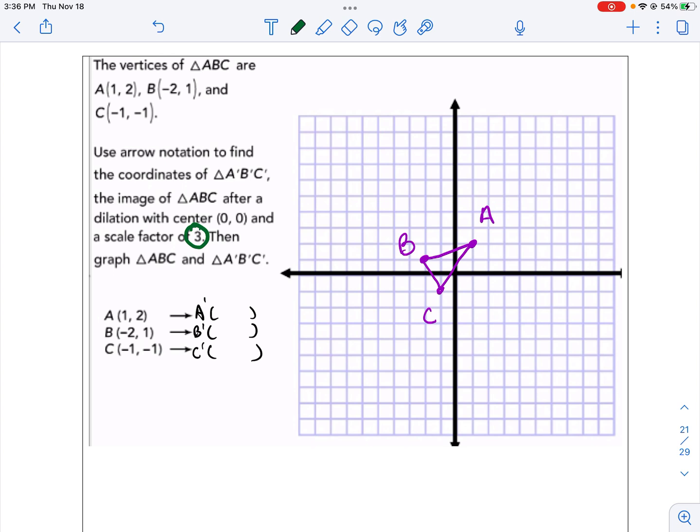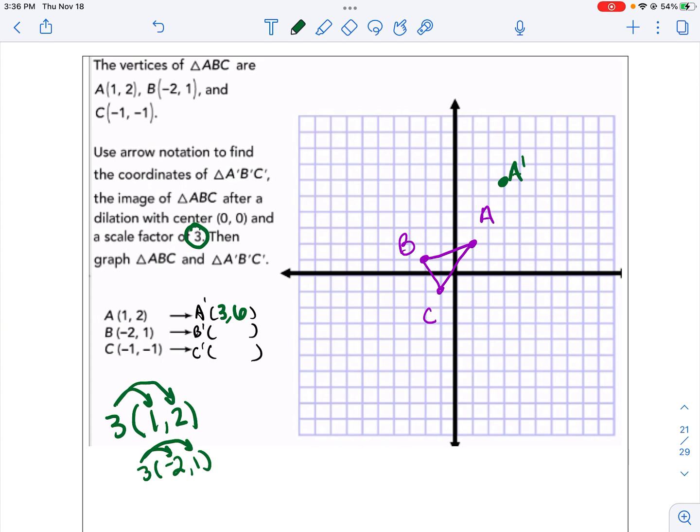To find A prime, we take the scale factor and distribute it into our coordinate. 1 times 3 is 3. 3 times 2 is 6, so it's the point 3, 6. A prime is 3, 6. We have to do the same with all of these.